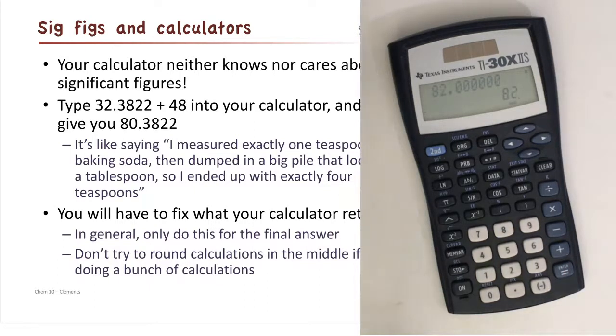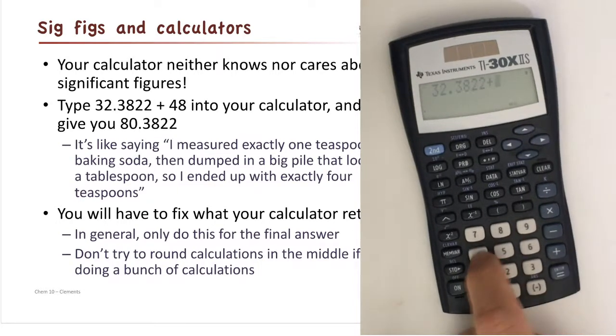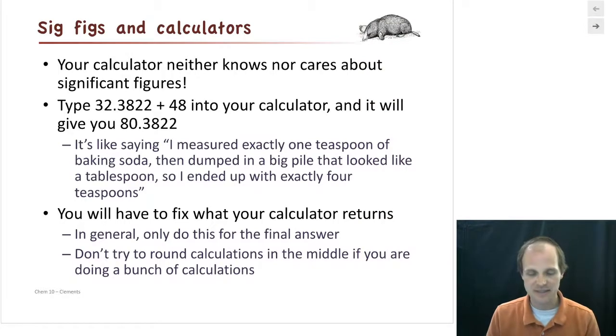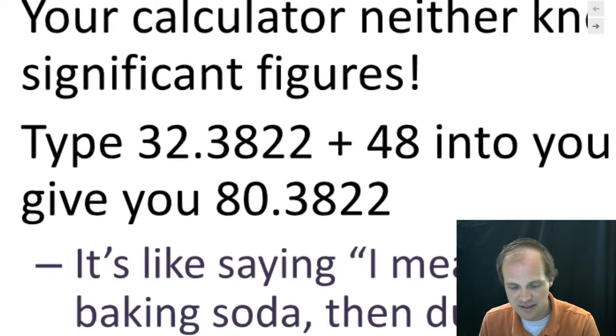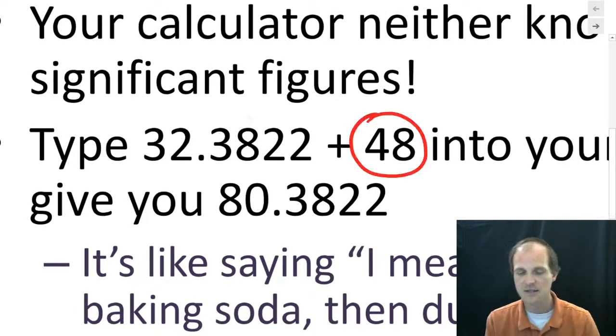If I type 32.3822 plus 48 into my calculator, and I hit enter, I get 80.3822, and that's mathematically correct. It's great. But when I think about that from a scientific perspective, I look at these two numbers, 32.3822. Wow, I've got 6 significant figures. 48, what do I know?